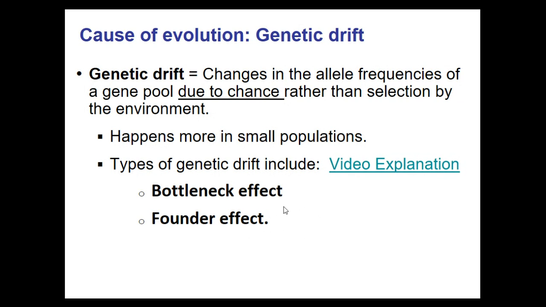That just happened by chance. Just by chance, the ones who left all had blue eyes. But now that new population is genetically different from the original population. That's called the founder effect, which is a type of genetic drift, an accidental chance event that causes a change in allele frequencies, or proportions of different alleles, in the population.